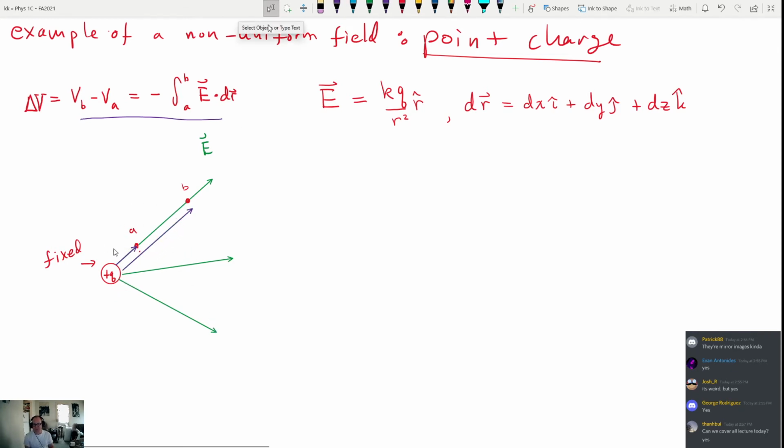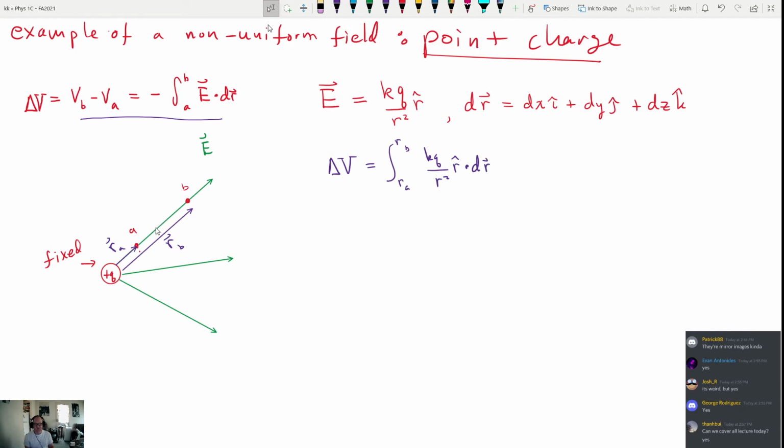I'm going to label this as r sub A, and this one as r sub B. Each of those vectors there. And then we're going to start to figure out what this is. So delta V is equal to the integral from A to B. I'm going to write this as the integral from r sub A to r sub B of E dot dr. E is KQ over r squared, r hat, dot product with dr.